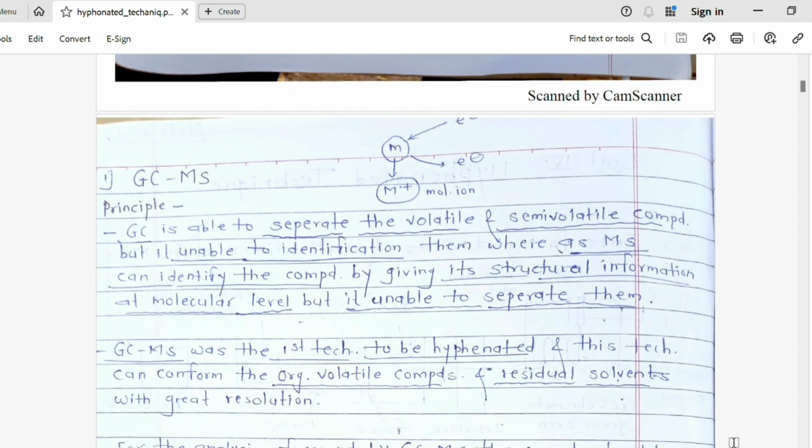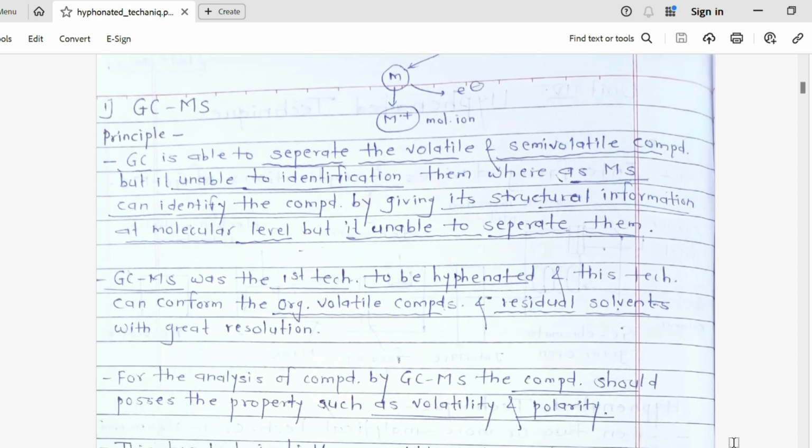So first we are going to see GCMS, gas chromatography with mass spectroscopy. The principle: gas chromatography is able to separate volatile and semi-volatile compounds, but it cannot identify the compounds. We know in gas chromatography we separate molecules on the basis of their stationary and mobile phase, and we can separate volatile and semi-volatile compounds with the help of GC, but we cannot identify what compounds are present in the structure of a molecule. Mass spectroscopy can identify but cannot separate the molecules.